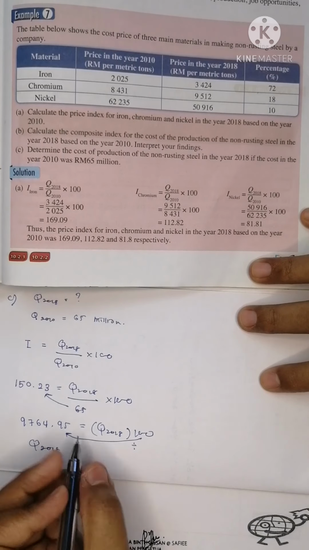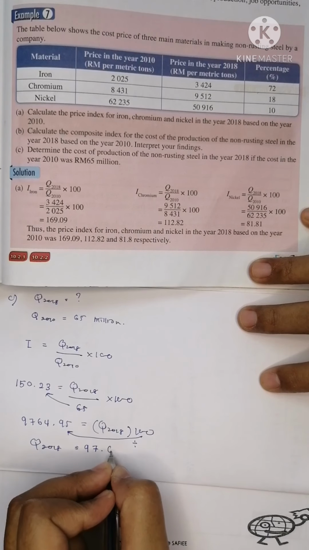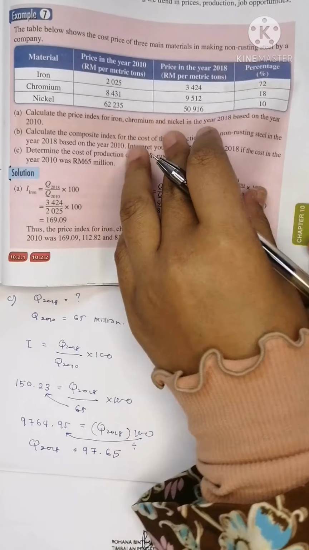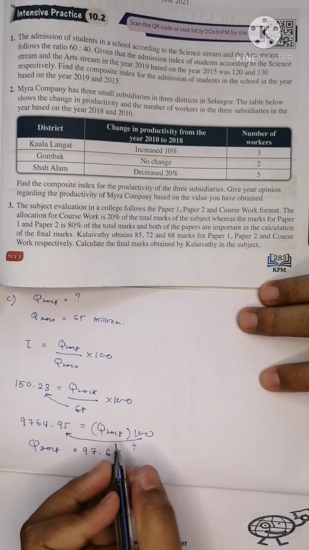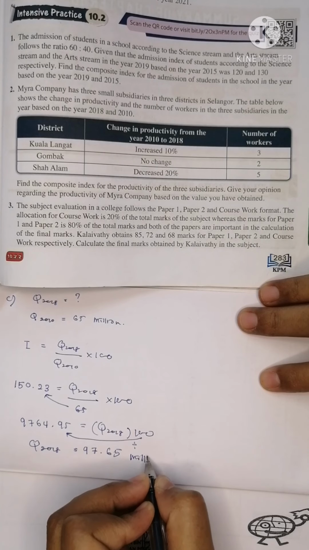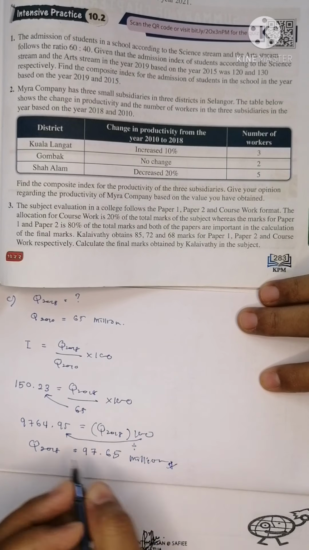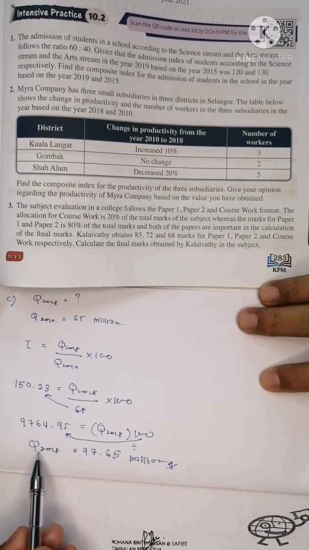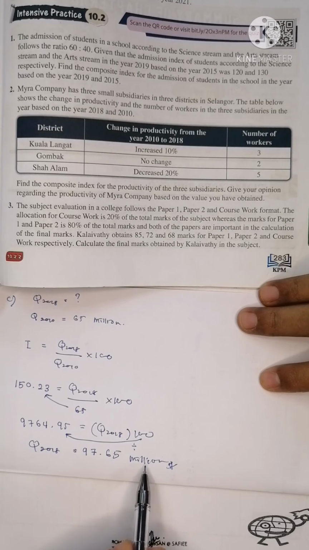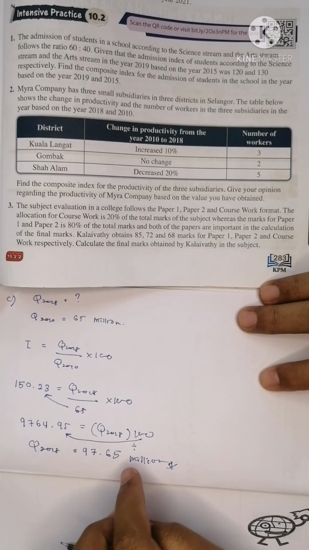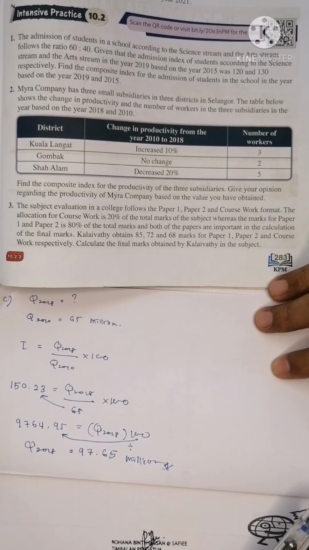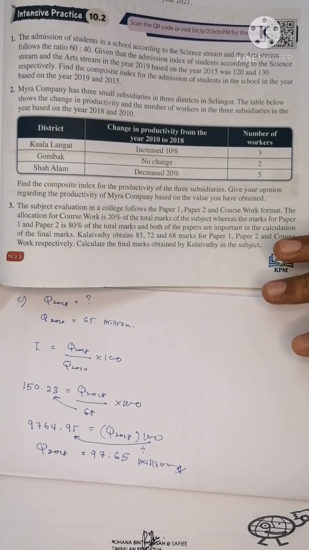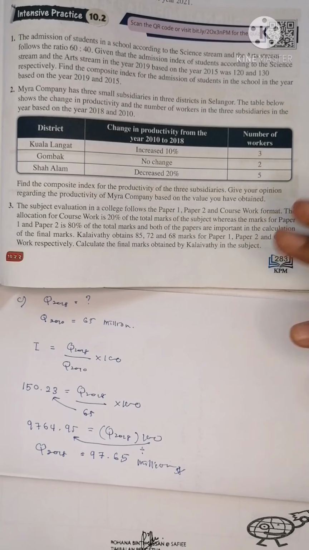So your answer will be 97.65 million. Okay, because we ignored the million here, after we get the value for Q 2018, then we just put million like this. Okay, this is the final answer. That's it. So we already finished chapter 10, which is index number.